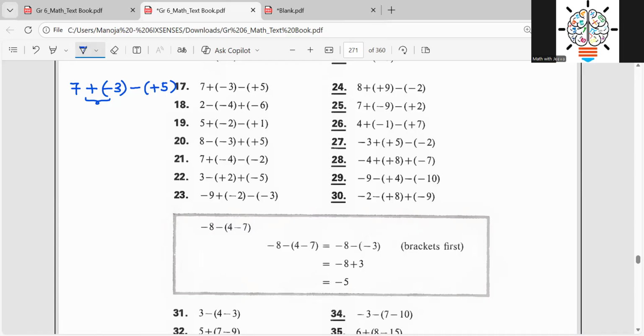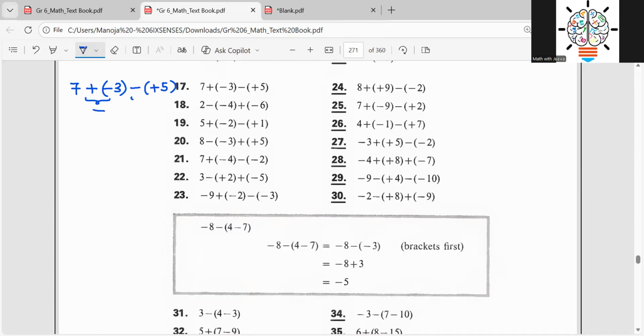Even though it is not shown, we consider it a hidden multiplication. So we multiply positive by negative: different signs give a negative answer.